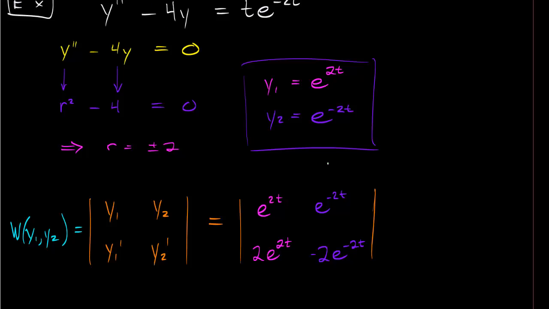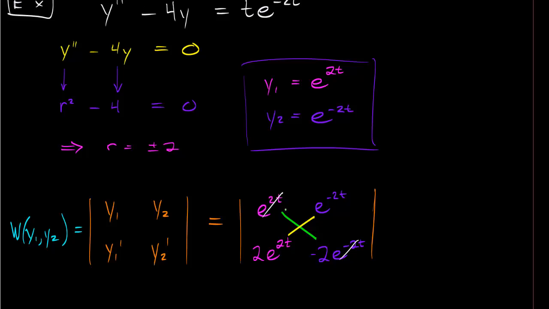And the way that we compute determinants is by taking the product of the diagonals and subtracting the product of the off diagonals. So the product of the diagonals in this case is going to be e to the 2t times negative 2e to the negative 2t, and something very interesting happens there. This e to the 2t cancels with this e to the negative 2t. We're going to see that behavior a lot in this problem, it turns out.